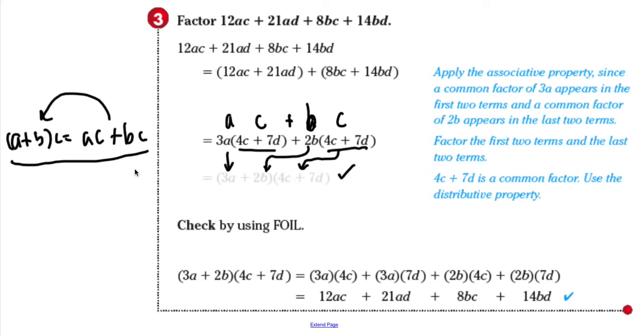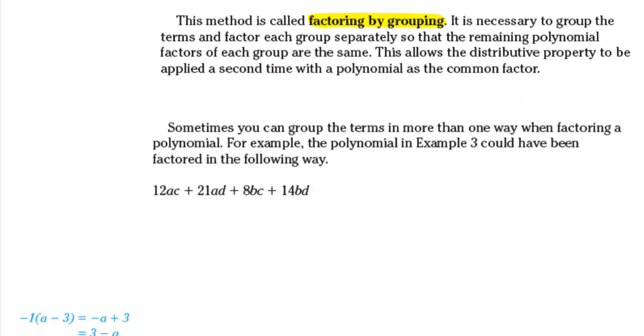And this is what we call factoring by grouping. It is necessary to group the terms and factor each group separately so that the remaining polynomial factors of each group are the same. And this allows for the distributive property to be applied the second time with a polynomial with a common factor.